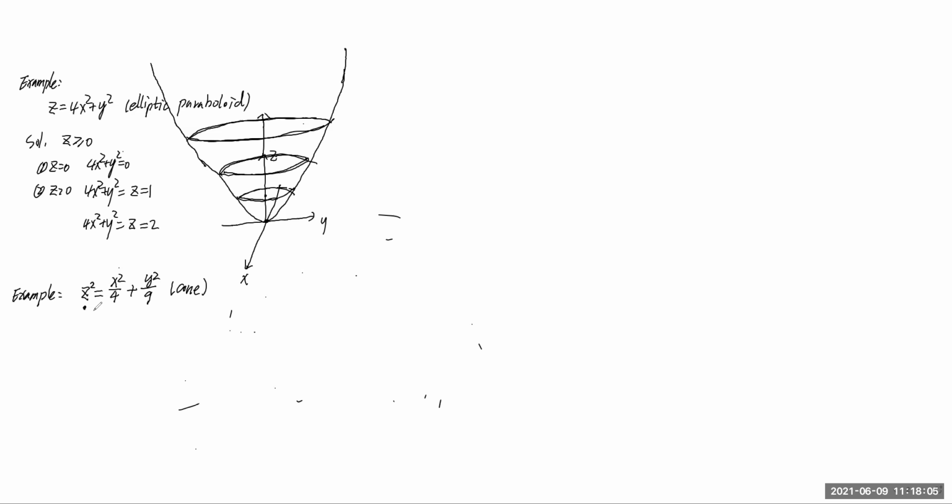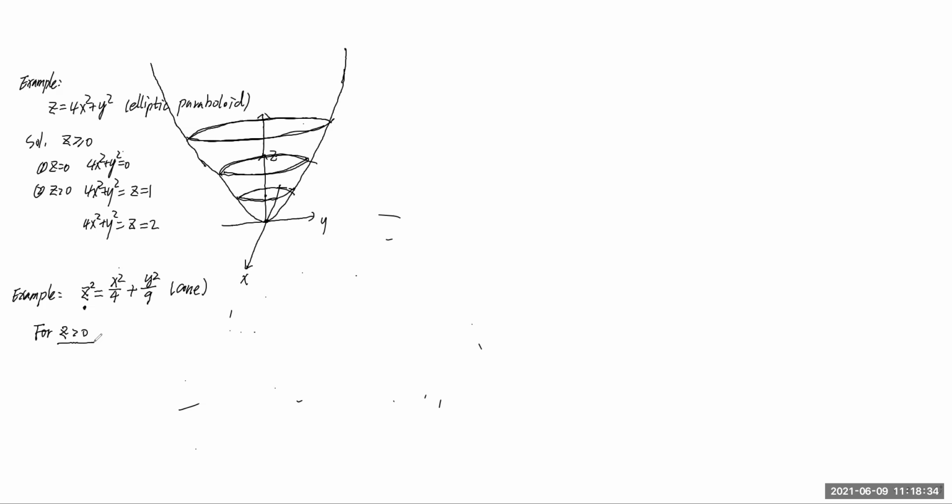So when we are drawing a picture, if we know the picture for z greater than 0, automatically we will know the picture for z less than 0, because it just flips the picture from above to below. That's kind of easy, right? So let's first deal with z greater than 0.